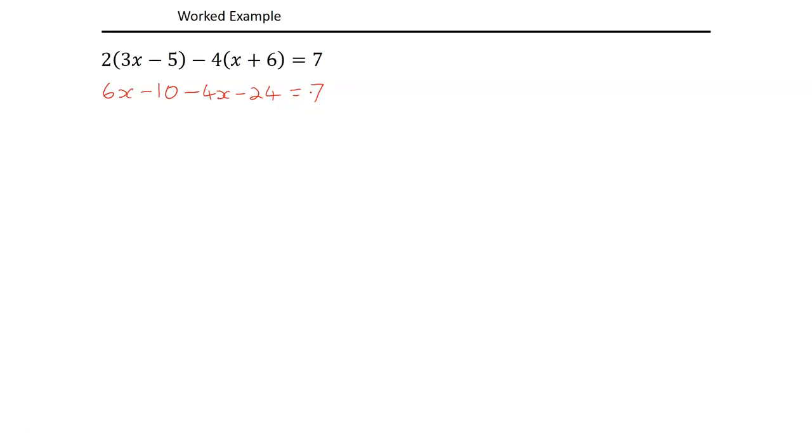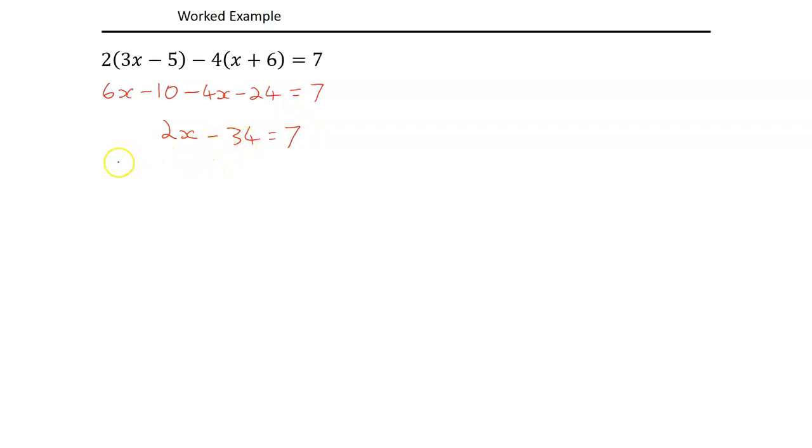Now I'm going to collect like terms. I've got 6x and minus 4x. I've got negative 10, negative 24. Now this is just a straightforward equation that we know how to solve.